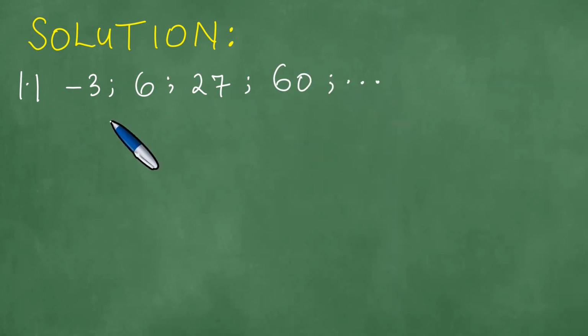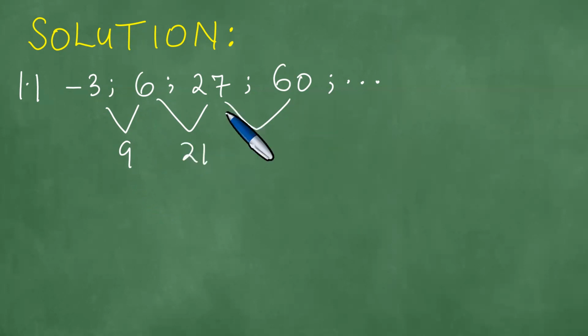So what we do then, we find the first differences. Finding the first differences means the following. 6 minus minus 3 is 9. 27 minus 6 is 21. 60 minus 27 is 33.